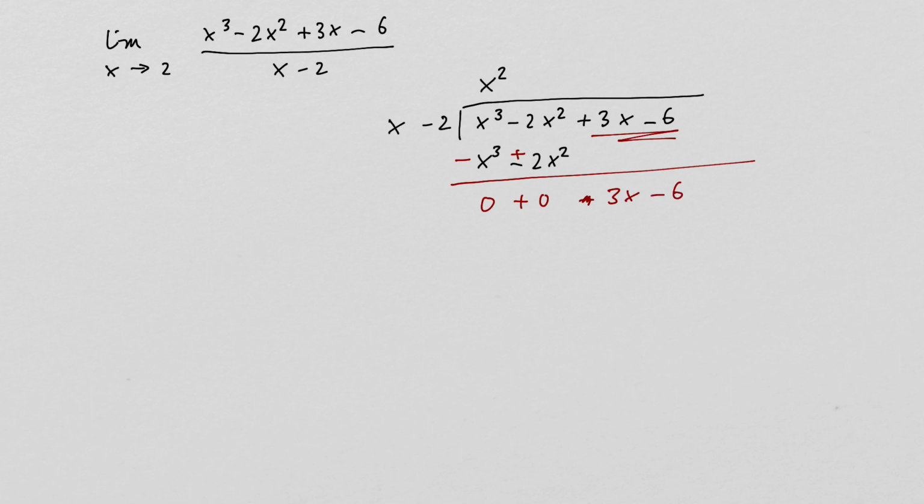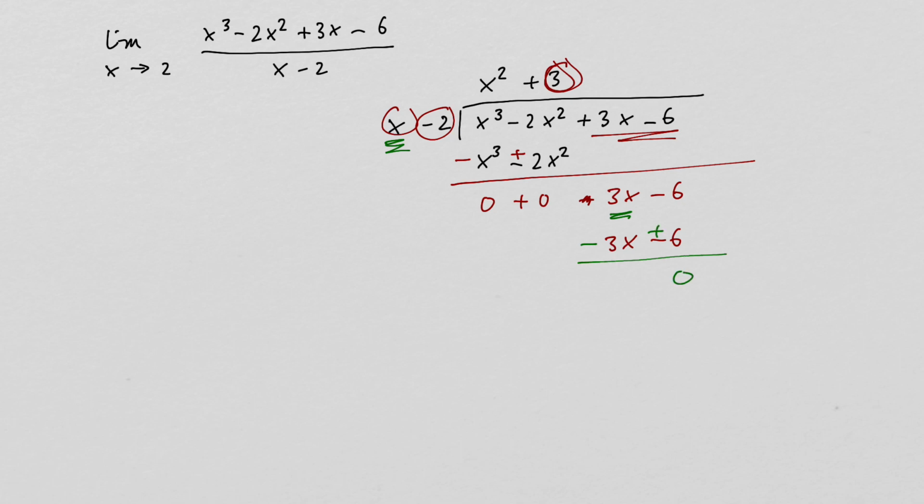And now next, how many times x goes to this? Well, it goes there 3 times. And now we multiply 3 times x is 3x. And 3 times minus 2 is minus 6. And then we change the signs and we calculate.